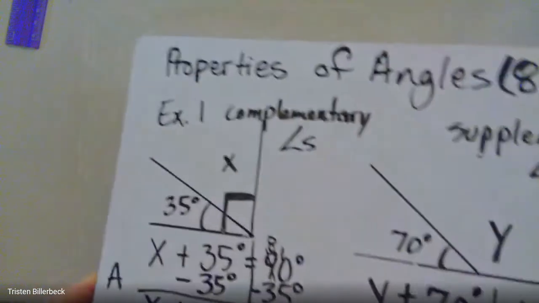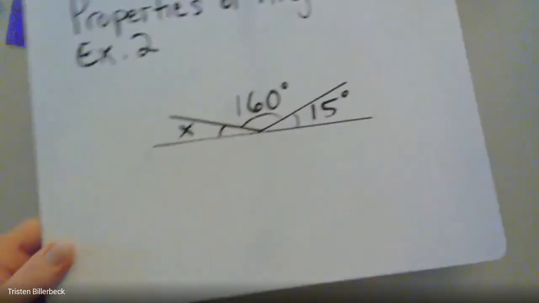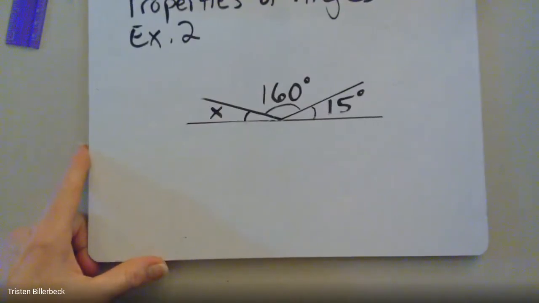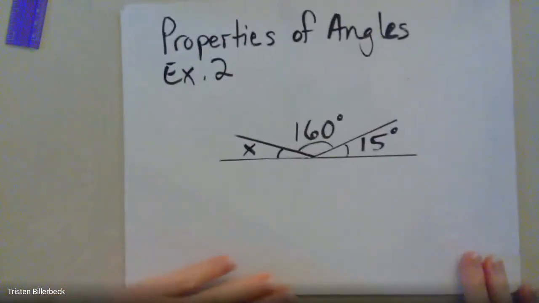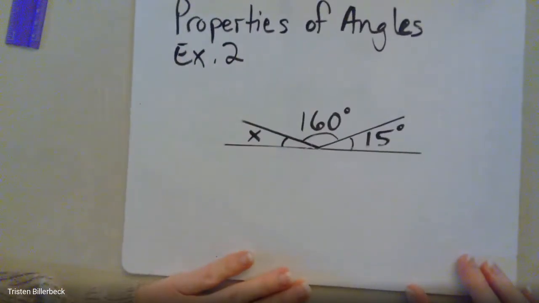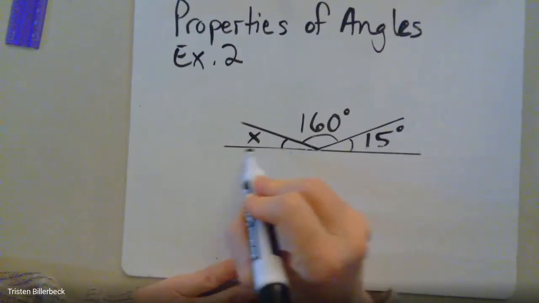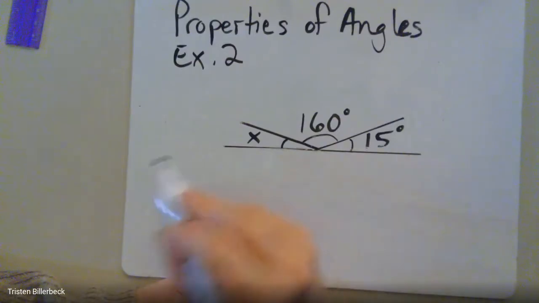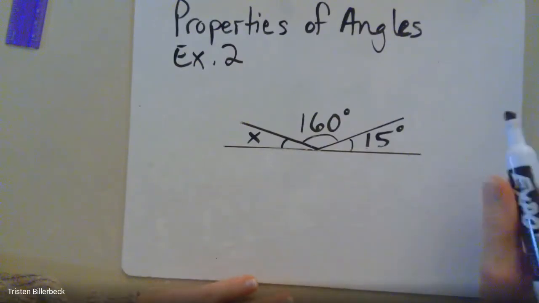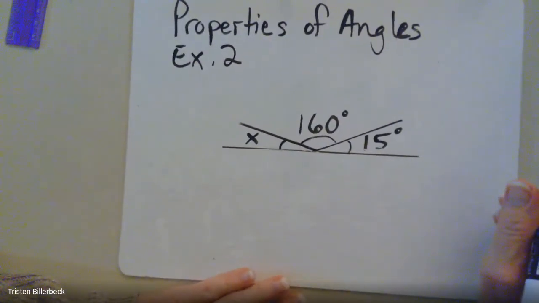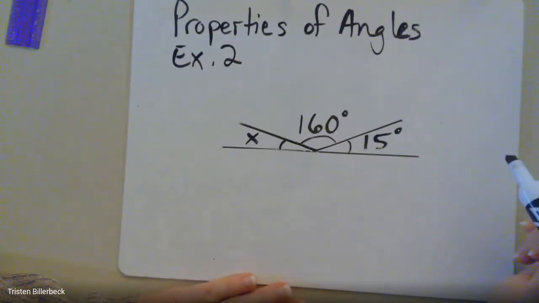All right, so let's look at one where we have more than just two angles. So if we have a straight angle or a straight line, we know that that's like a half turn, if we're going to do a skateboard half turn, or it's a half turn in dance.